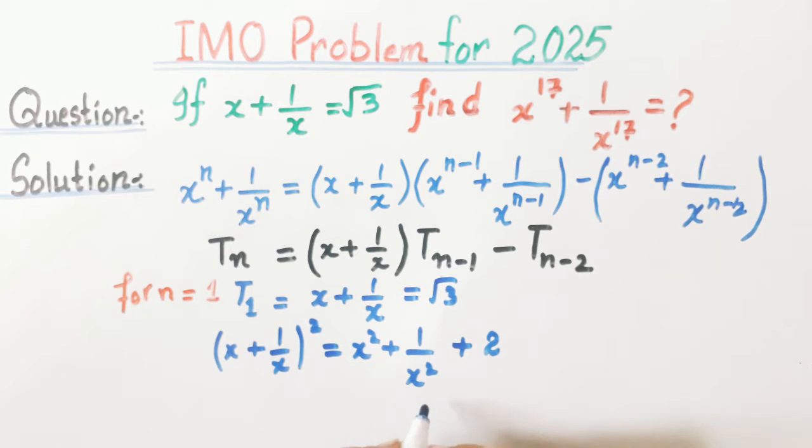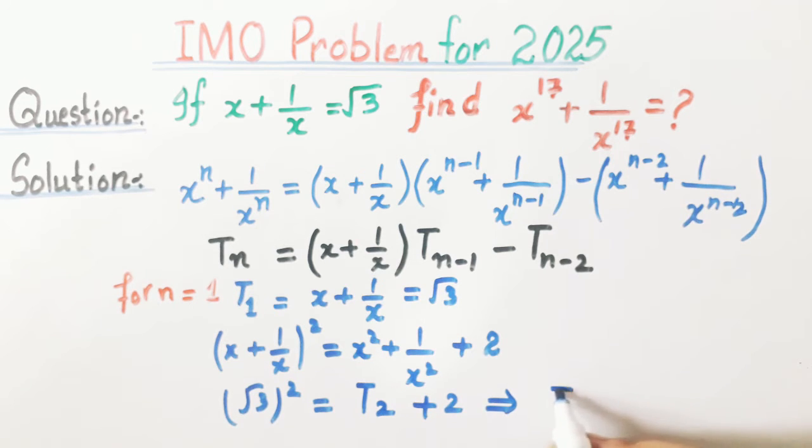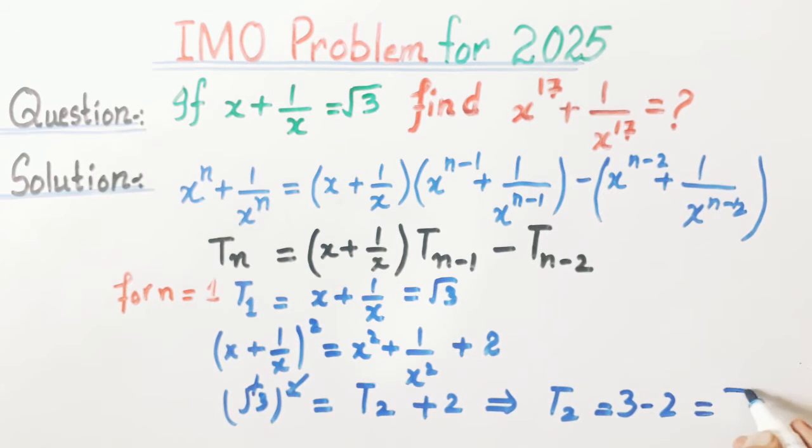So we can write x plus 1 over x value, that is square root 3. So square root 3 whole square, and x square plus 1 over x square is equal to T2 plus 2, which implies that T2 is equal to, this square is cancelled out by this square root, 3 minus 2, which implies that T2 is equal to 1.